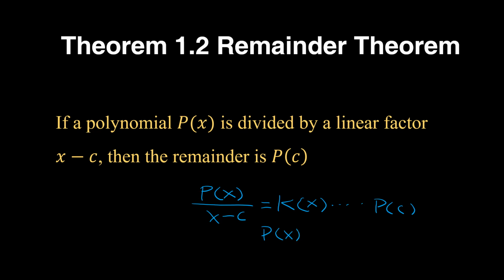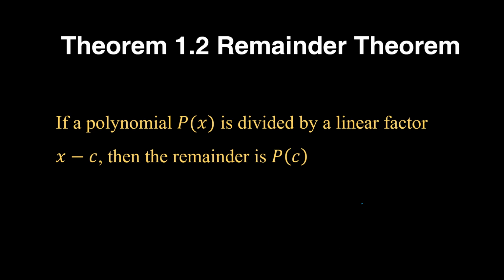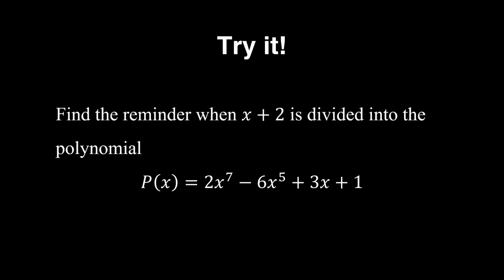It means P(x) minus P(c) over x minus c equals k(x). This is something they have to know how to transition, the transition between these equations.